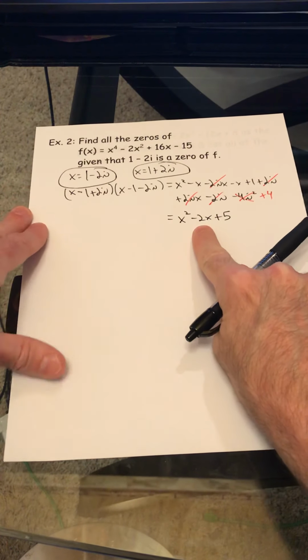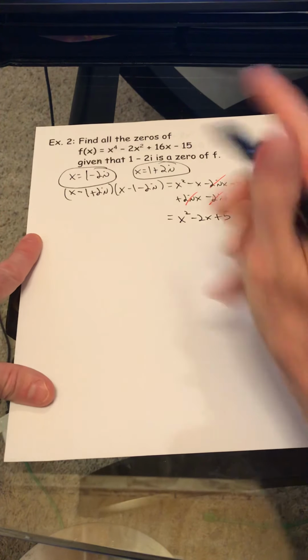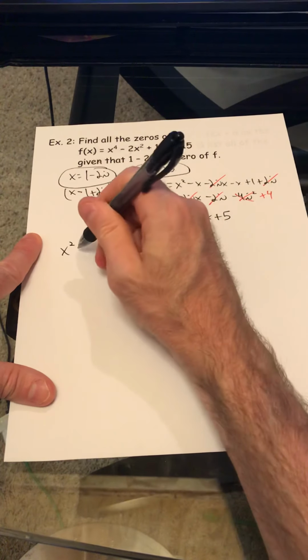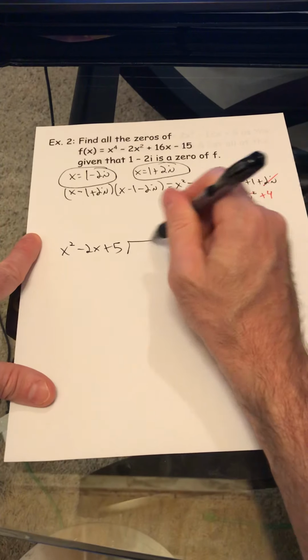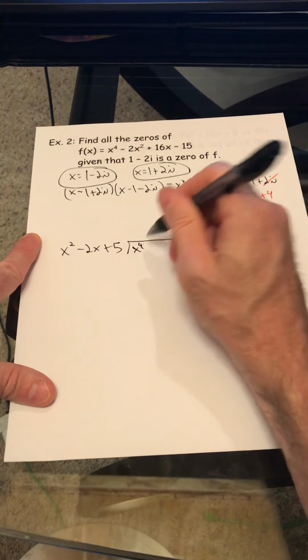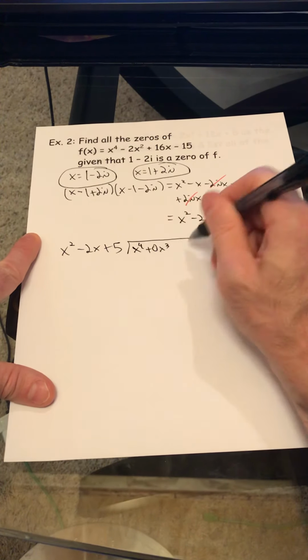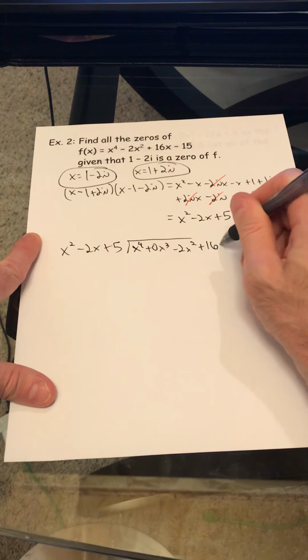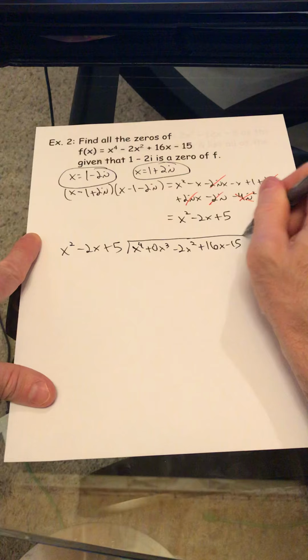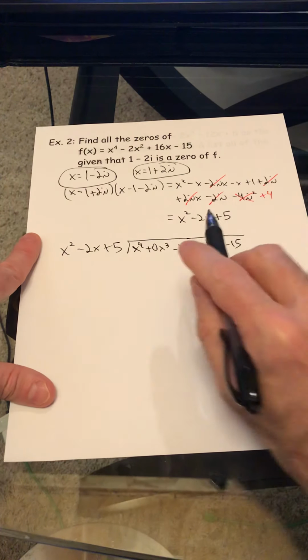Now, so we know two of our zeros here. From here, what we can do is long division with what we have up here, and that will allow us to find the other two.